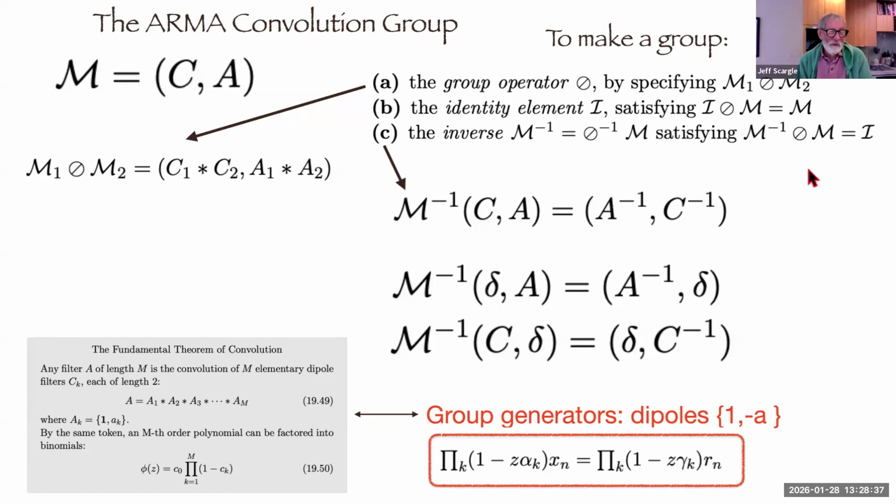Well, okay, let's think about that. Take two stationary ARMA processes, multiply them together. Is that stationary? I think it is. Yeah, so maybe by Wold's theorem it will still be.